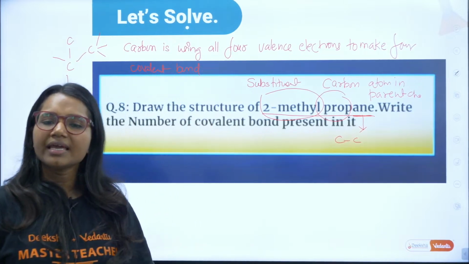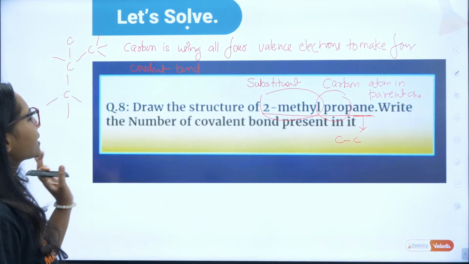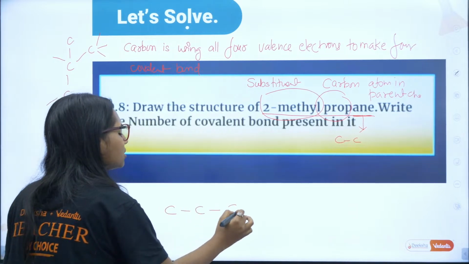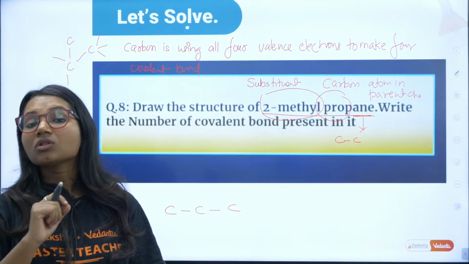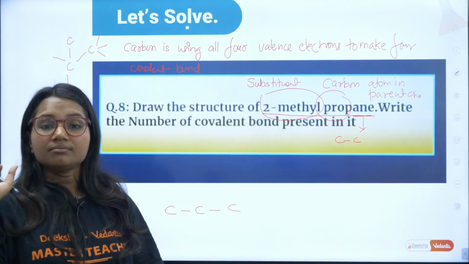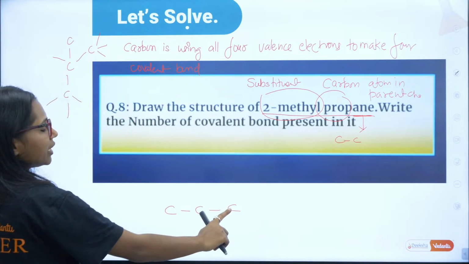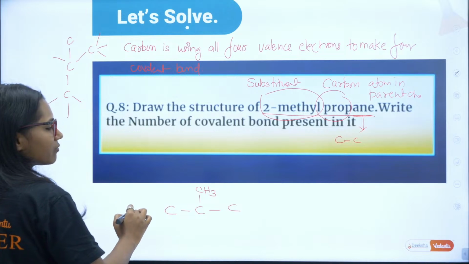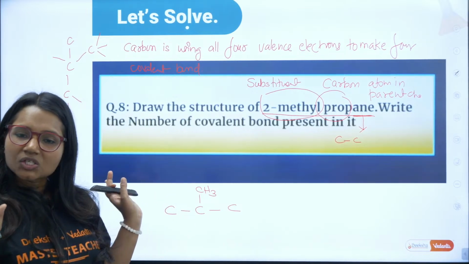So can we draw the structure? 2-methyl propane. Whenever they give you the formula, first try to write the parent chain. 1, 2, 3. Second position, methyl. Methyl means CH3.